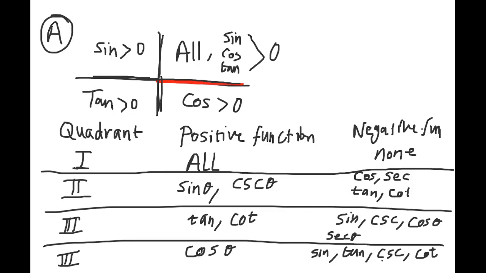Okay, so now this is the first thing we have. How do you memorize that? By using the first letters, A, S, T, C, in the phrase "All Students Take Calculus."